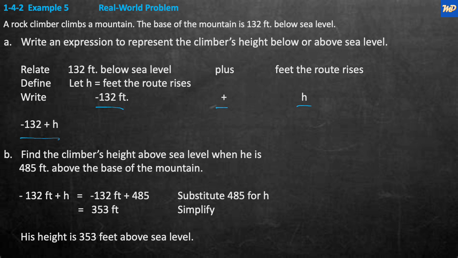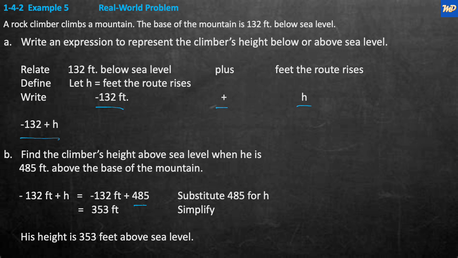So now part B says find the climber's height above sea level when he is 485 feet above the base of the mountain. Well, this expression is based on the base of the mountain, which is negative 132 feet. So if we're at negative 132 feet and the climber climbs 485 feet, there's our new expression: negative 132 plus 485.